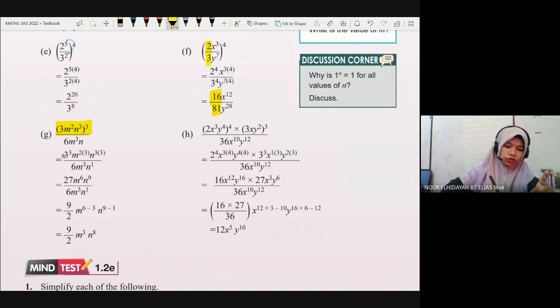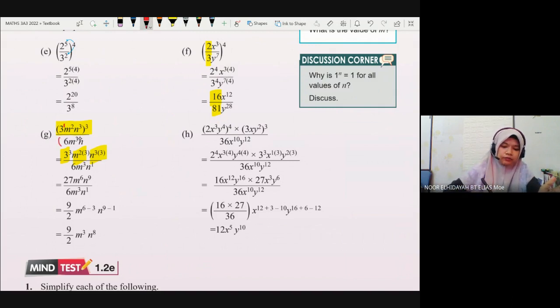So awak akan dapat 3 to the power of 3 because you expand 3 power of 1 times power of 3 tu. Okay, m power of 6, and then this one n power of 9. Okay, then yang di bawah tak ada apa-apa.